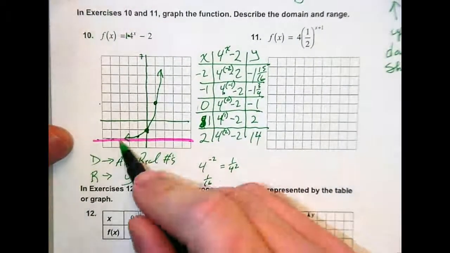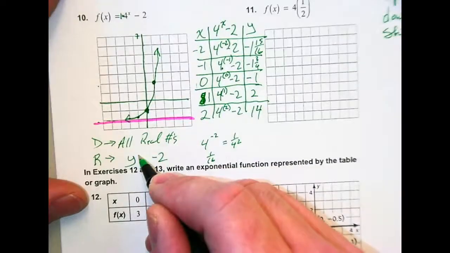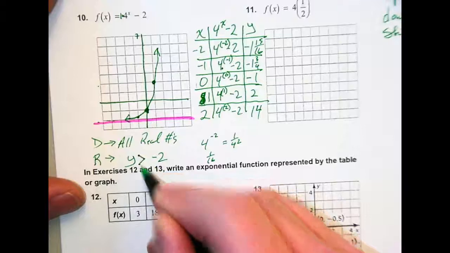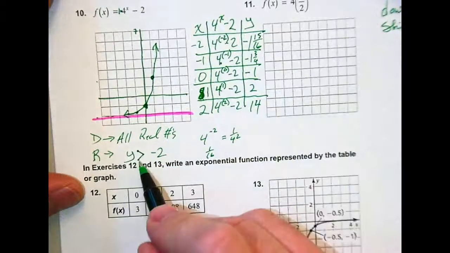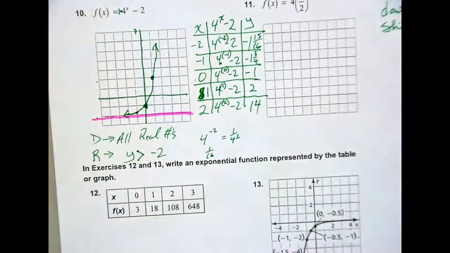Is my graph growing above this line? Is it above or below? It's above. That means this symbol should be greater than. Can it be equal to? No. Can't equal -2. It'll get infinitely close, but it'll never hit -2. So that's different than the ranges we were doing earlier in the year, where we actually hit the line.